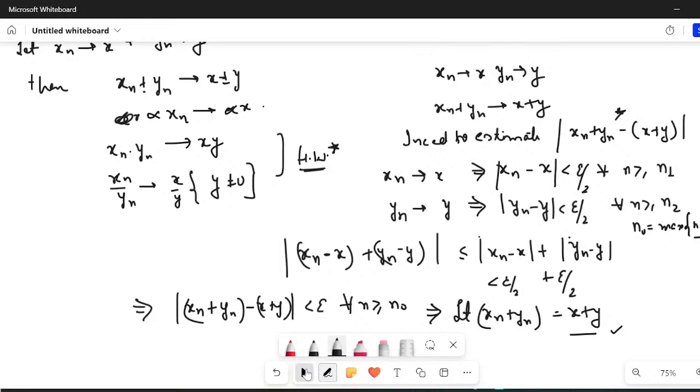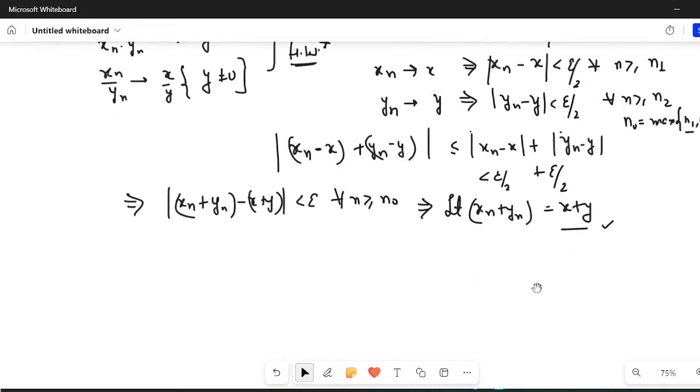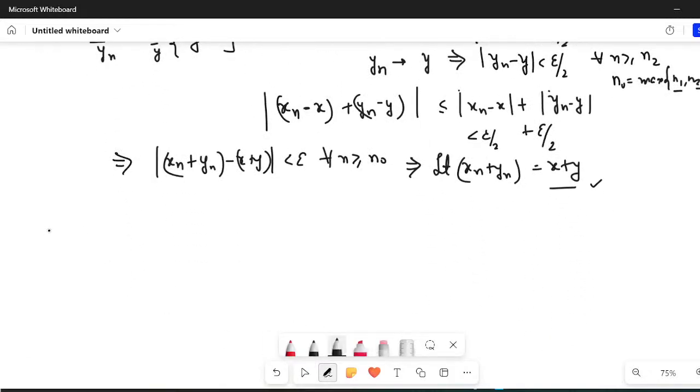So now the next thing that comes up is this one. The second thing in the algebra of convergent sequences is that if xn converges to x, then alpha times xn must converge towards alpha times x. How to do this? This is again an easy thing.